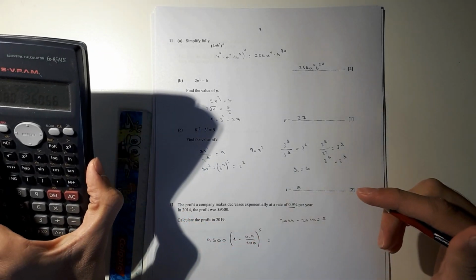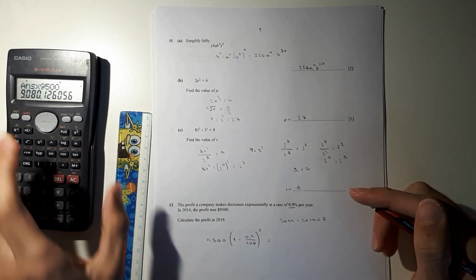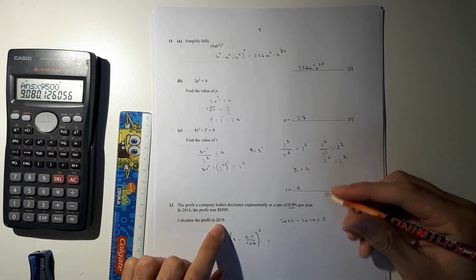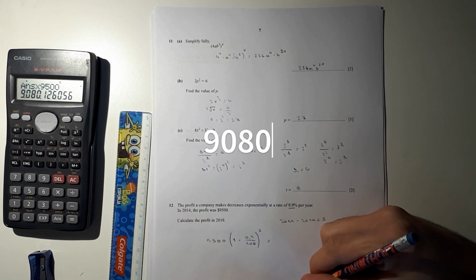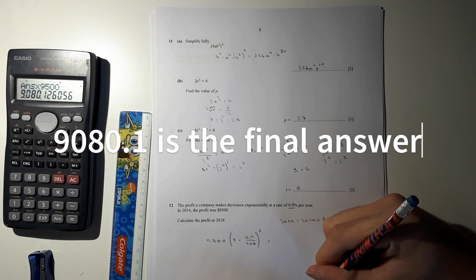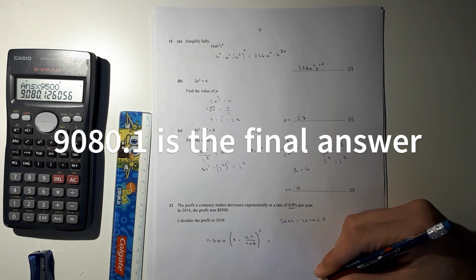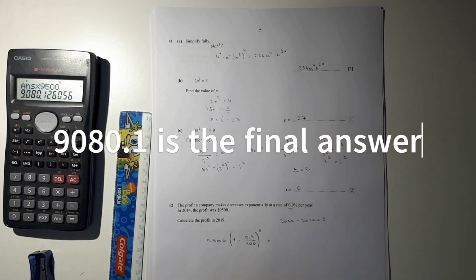So we got that the profit that the company will make in 2019 will be 9,080.1.